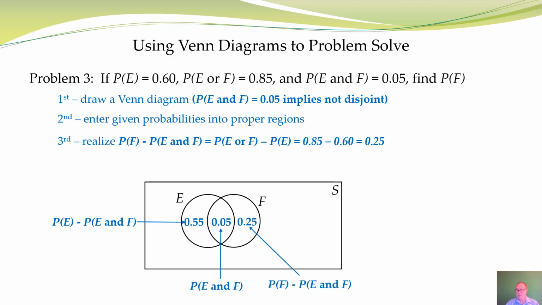That gives me this other region, 0.25. Now, the probability of F is the probability of E and F plus the probability of F minus the probability of E and F. So that's 0.05 plus 0.25, which is 0.30 for your answer.